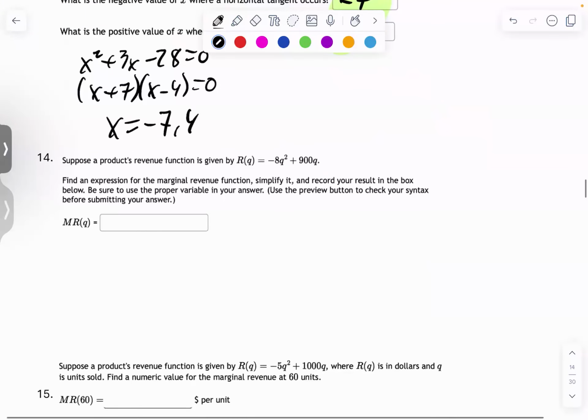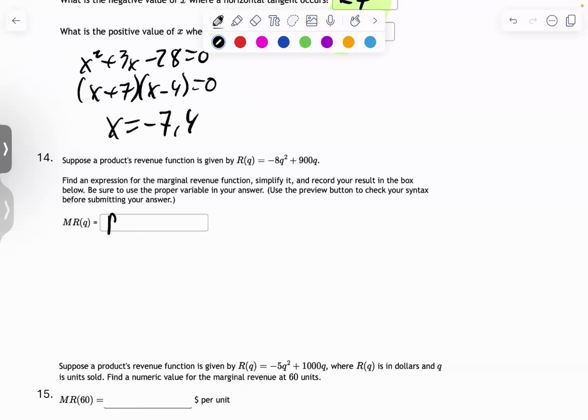All right, suppose the product's revenue function is given by R of Q equals -8Q squared plus 900Q. Find an expression for the marginal revenue function. Remember, marginal means that we're taking the derivative, and record your result in the box below. Okay, so we are going to find the derivative.